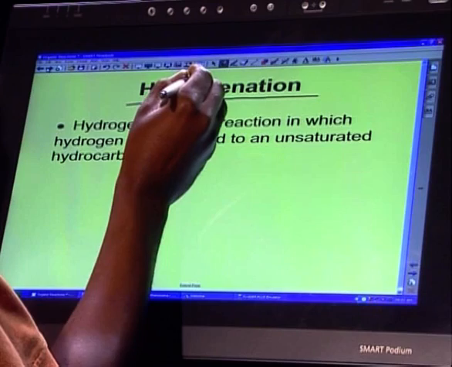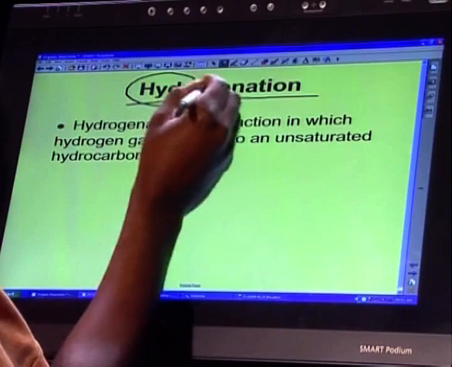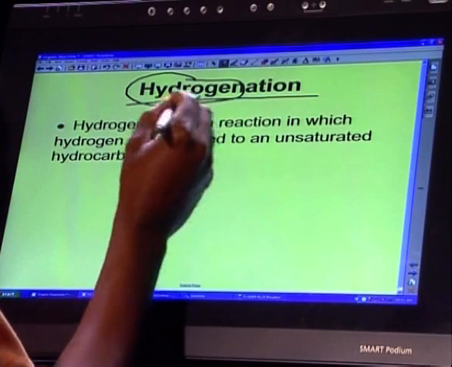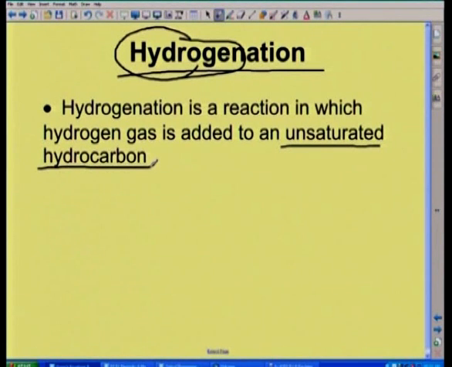Because in that addition, all we are adding is hydrogen. So we're adding hydrogen atoms to unsaturated hydrocarbons. And what are those unsaturated hydrocarbons? We know unsaturated hydrocarbons are the alkenes and the alkynes. All right, those are the ones that are unsaturated.